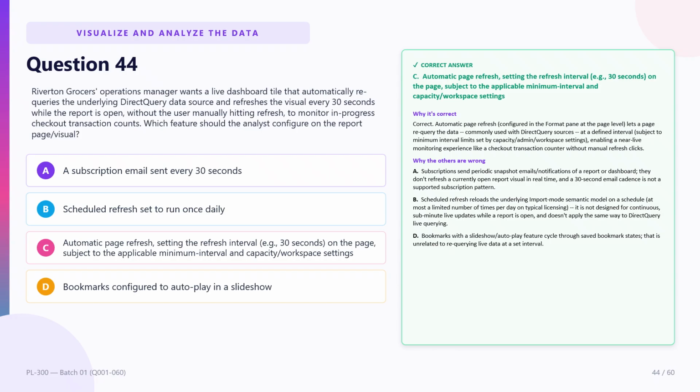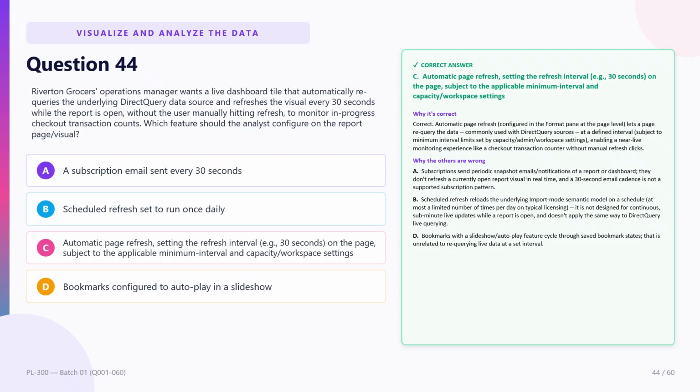Now, why the others are wrong. A. Subscriptions send periodic snapshot emails/notifications of a report or dashboard. They don't refresh a currently open report visual in real time, and a 30-second email cadence is not a supported subscription pattern. B. Scheduled refresh reloads the underlying import mode semantic model on a schedule, at most a limited number of times per day on typical licensing.